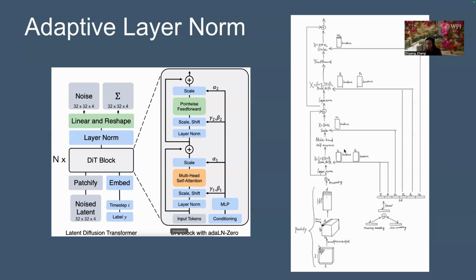After multi-head self-attention, we use the third vector alpha to do the same scale operation. Follow the same way before and after the feed-forward layer. The last 3 vectors are used to scale and shift. This is the so-called adaptive normalization.